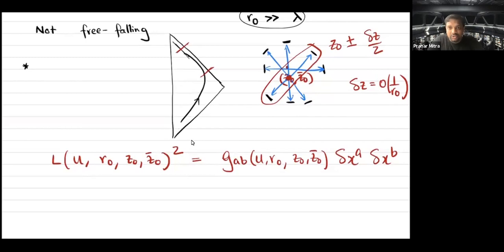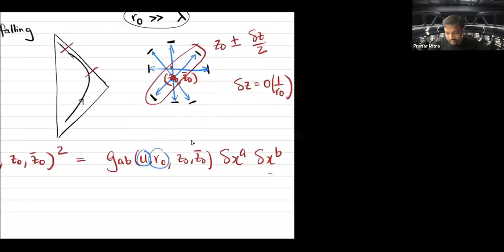Okay, so this is just the squared length, and I gave you the form of the metric. Remember, again, I'm assuming that R naught is much larger than U. So this is precisely the region in which the asymptotic expansion I gave you is valid. So you can use that asymptotic expansion, and I'll just write down the formula for you.